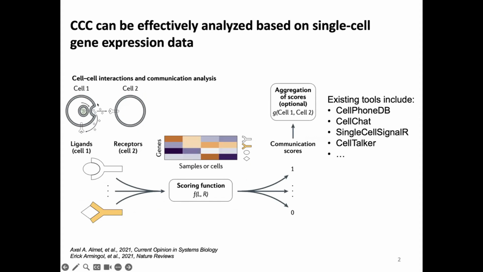We can infer the expression of the ligand genes in the sender cell and the expression of the receptor genes in the receiver cells. Then, based on computational modeling of the expression pattern of the ligands and receptors, we can infer the communication between individual pairs of cells in a sample.